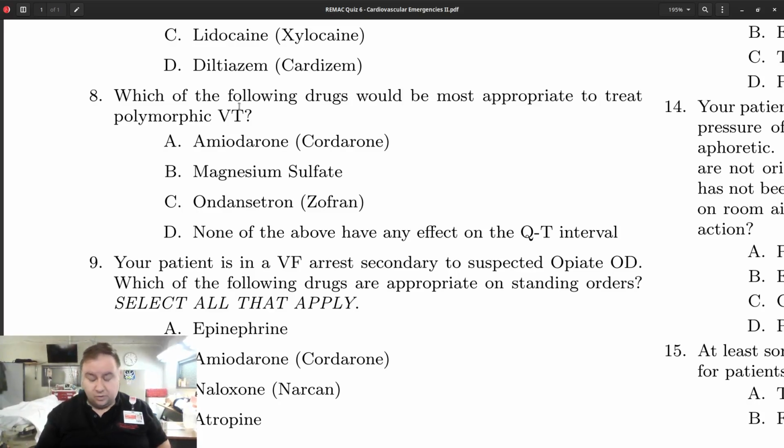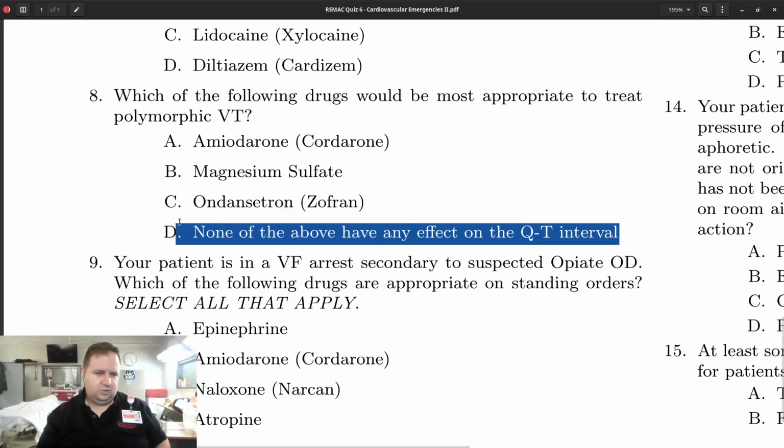It's not the only form of polymorphic v-tac, but it is a common form, and the mental model that you need to have for these drugs is that polymorphic v-tac is most often caused by a critically prolonged QT interval. And so you're looking for a drug that shortens the QT interval. And answer D should have been changed, but as it's written, it actually gives you sort of a clue as to what we were looking for here.